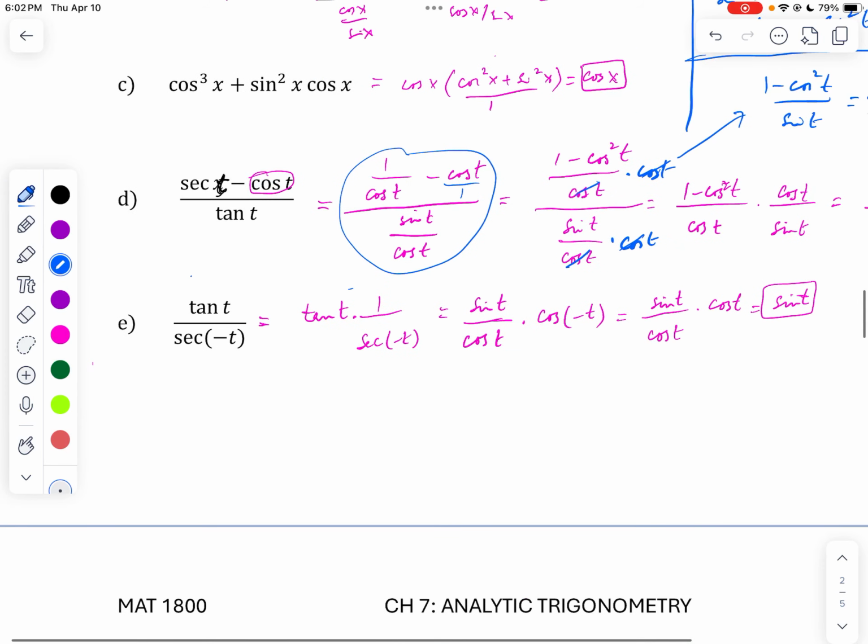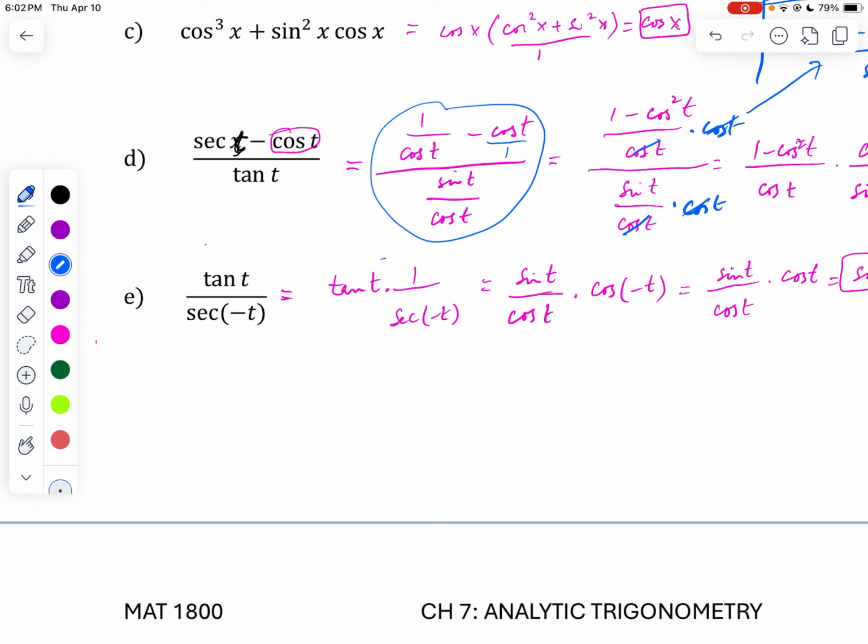Because these simplifications can be done, some of them can be done in more than one way. So here we have tangent t over secant of negative t. Now remember secant is 1 over cosine t. So cosine t was an even function. What does that mean?